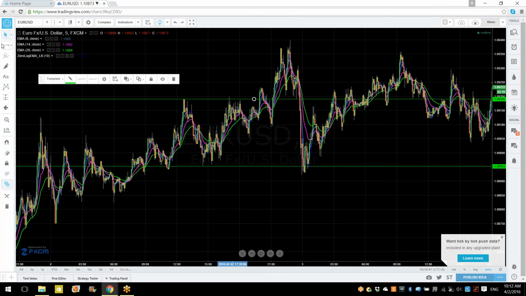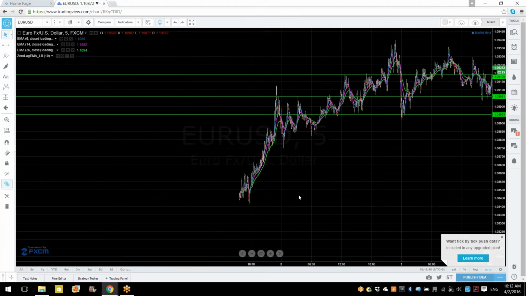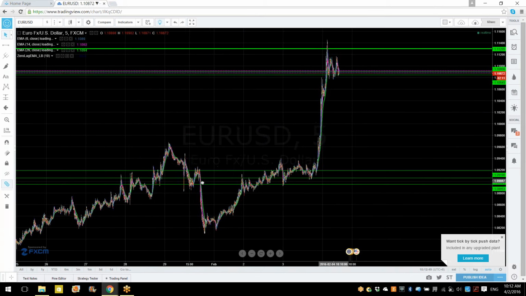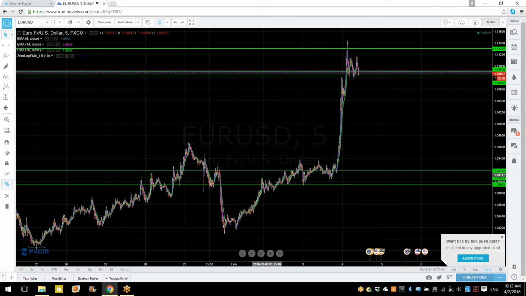Now, the other thing I want to point out is that when you minimize the chart, it gives you much clearer support and resistance lines rather than the smaller ones.